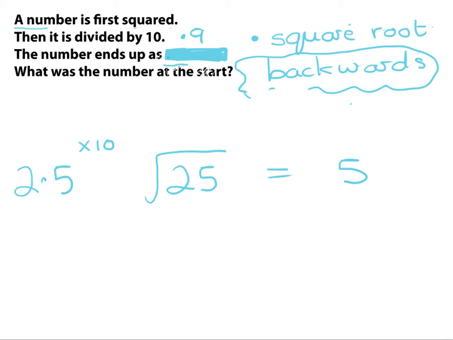The number ended up as 0.9. It got to 0.9 because it was divided by 10. So we multiply by 10 and we get 9. It got to 9 because it was a squared number. We must do a square root. 3.